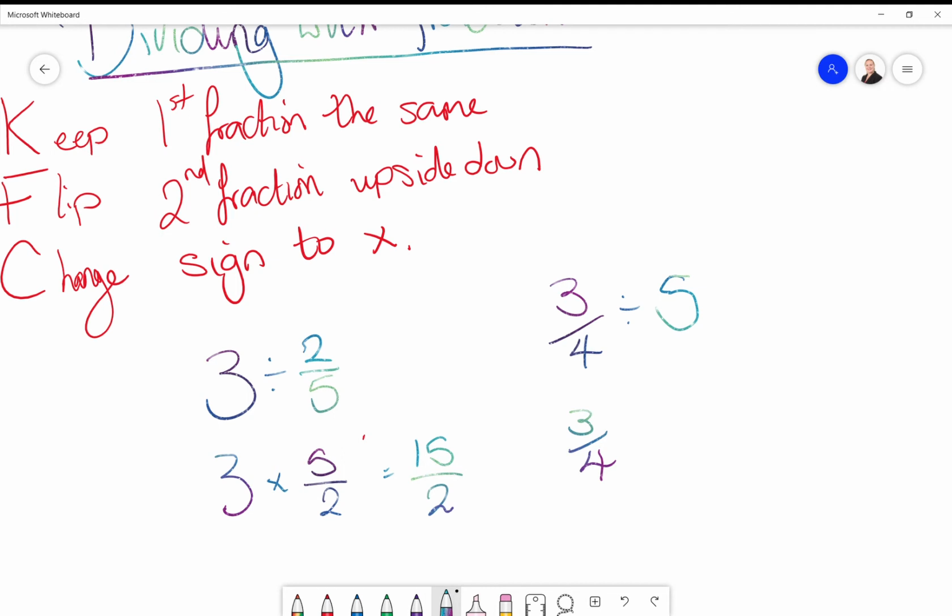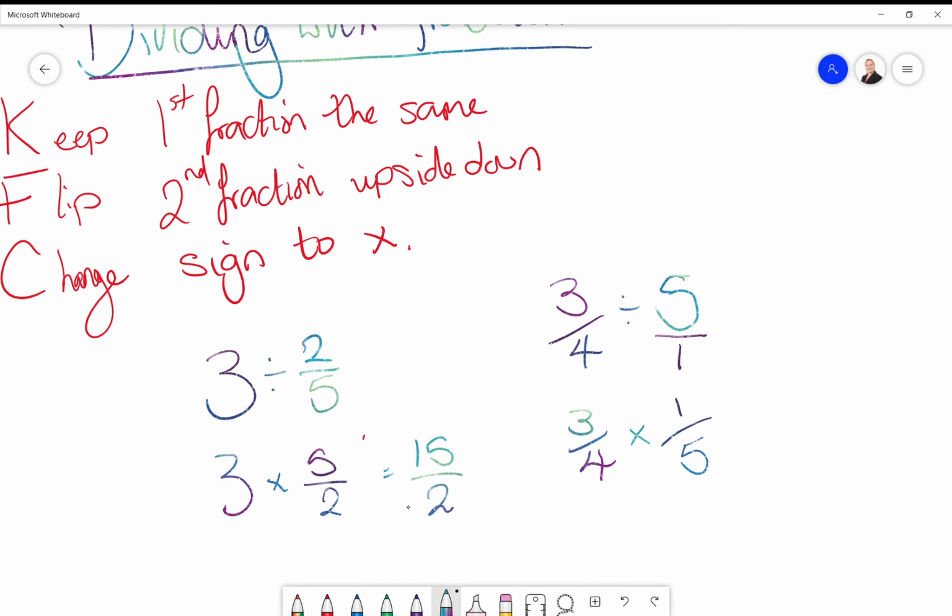What can I do to the 5 to turn it into a fraction? Well, what I can do is I can put it over the number 1. And I talked about a little bit about it in multiplying. Okay, so I can flip this upside down. So instead of 5/1, 5 divided by 1 is just 5, so that's why it works. So it's 1/5, and I change the sign to times.